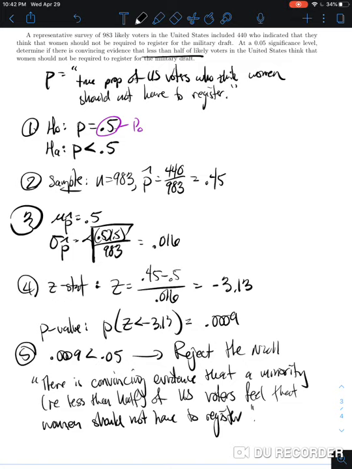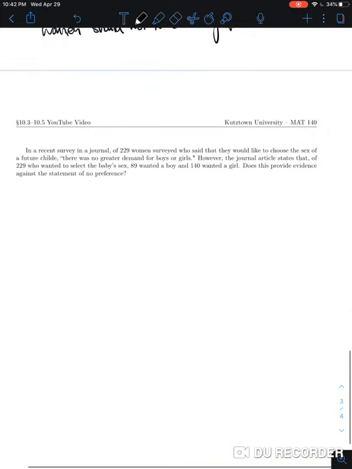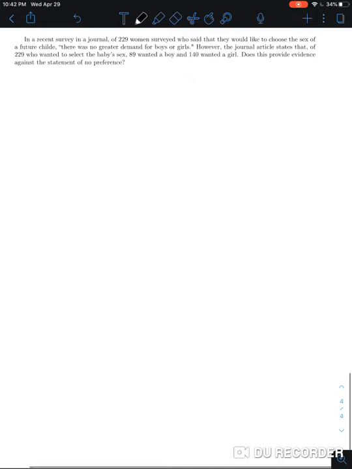Now, both of these examples had p being claimed to be 0.5. That's not always how it's going to be, right? I can claim p to be anything. So let's try another example, and unfortunately, p turns out to be 0.5 here again. In a recent survey in a journal, 229 women who said they would like to choose the sex of a future child were surveyed.